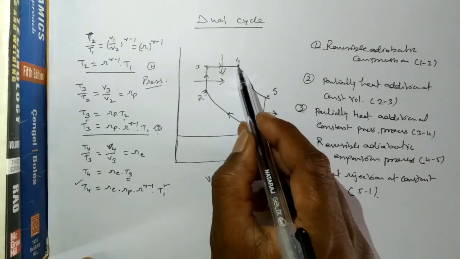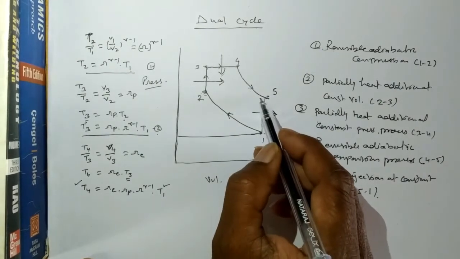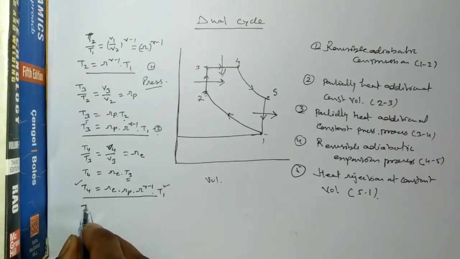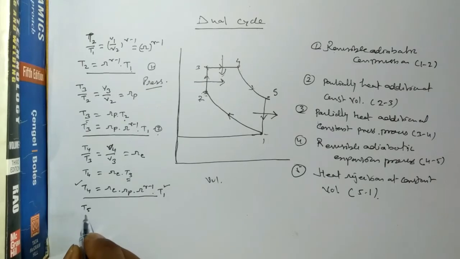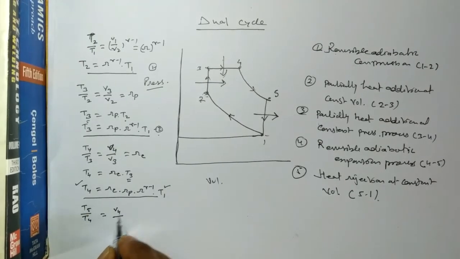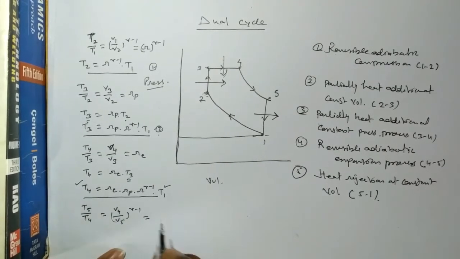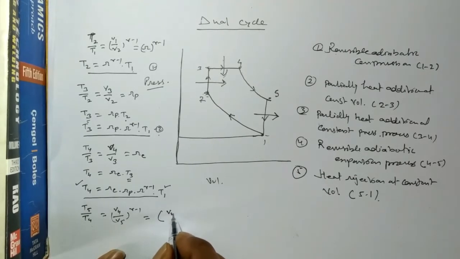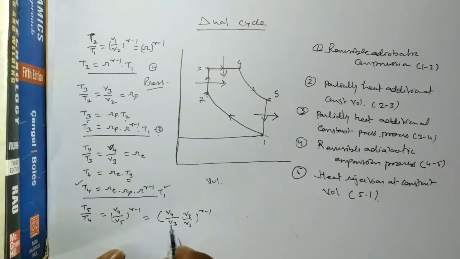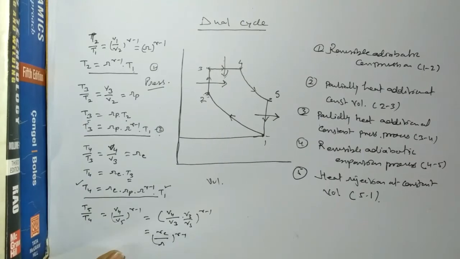And we know that 4 to 5 is also a reversible adiabatic expansion process. We can also find the value of T5. Hence T5/T4 is equal to (V4/V5)^(gamma-1), or (V4/V3 times V3/V5)^(gamma-1), that will equal rc times r^(gamma-1).